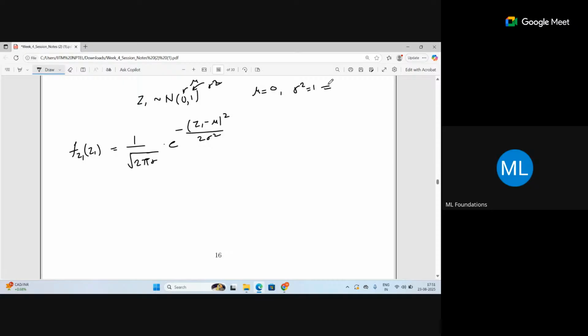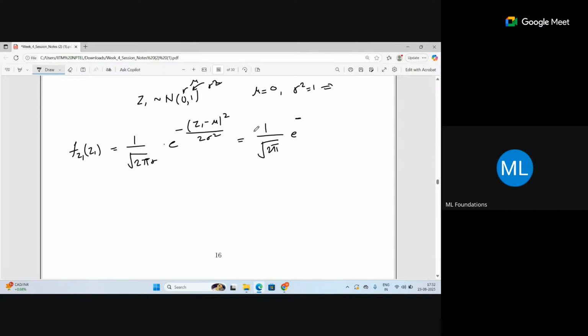If I plug in those values, what should I get? 1 upon root 2 pi, because sigma is 1, right? Sigma should be outside the square root, because if it's inside, it will be sigma square. Yes, it should be root 2 pi sigma, but still it's going to be 1. So it will be 1 upon root 2 pi here.